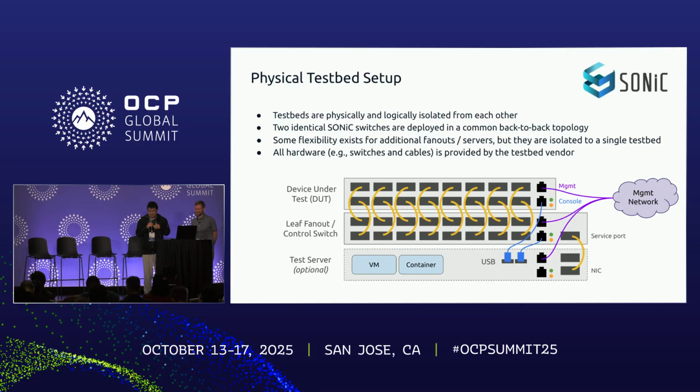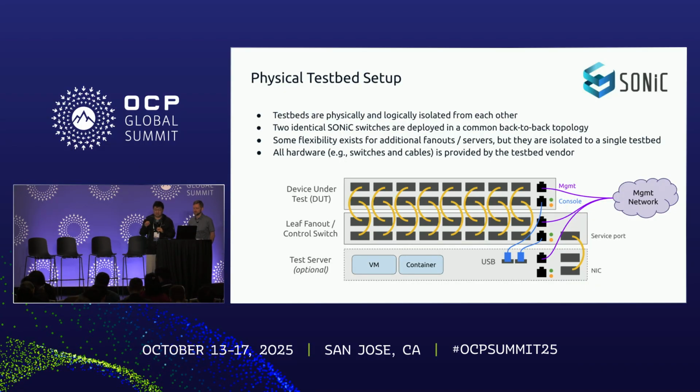And this is a more detailed diagram of this switch. As you can see, on the last one, there is an additional server where we have the VM and the containers running on that server.